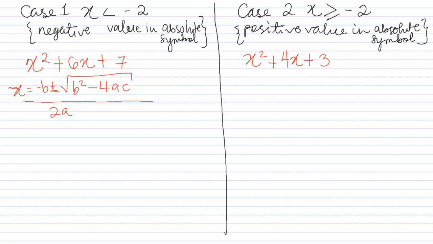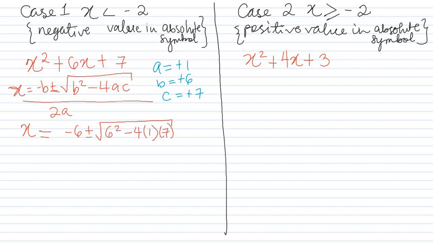So x equals, we already know what our values are here. A value equals +1, b value equals +6, c value equals +7. So we're just going to input that here, and that will be x equals -6 plus or minus the square root of 6 squared minus 4 times 1 times 7, divided by 2 times 1.